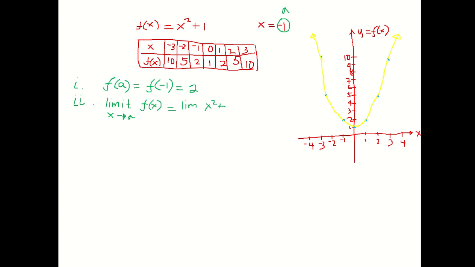So this is x squared plus 1. We have to determine if this one exists as x approaches, this time, negative 1. So does this exist?